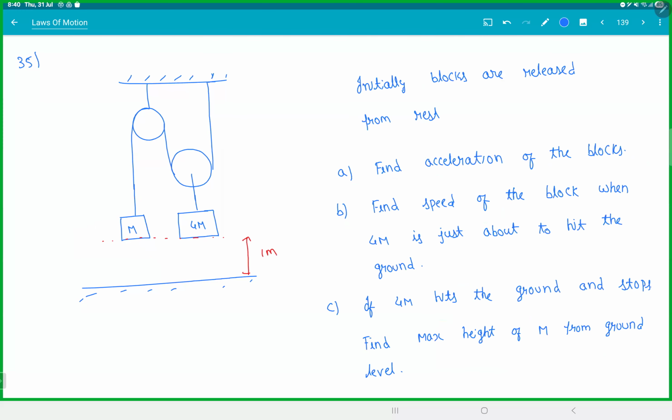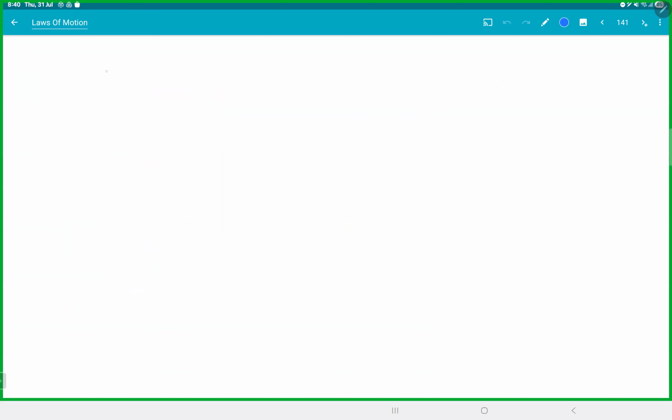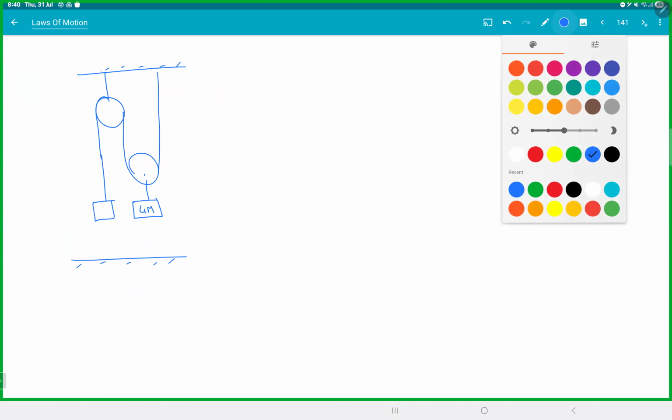How do you do the second part? Find the speed of the block when 4m is just about to hit the ground. So this distance is 1 meter.